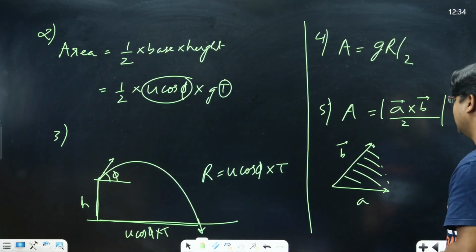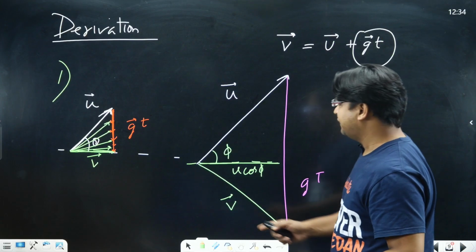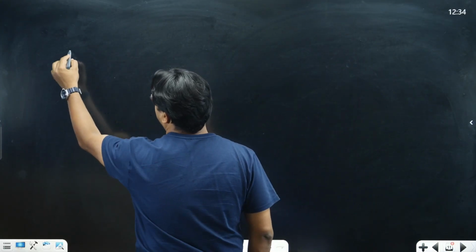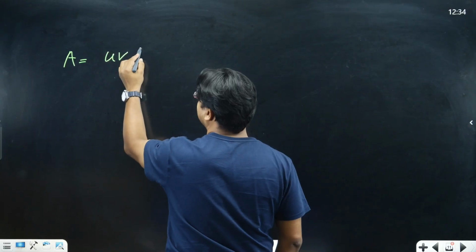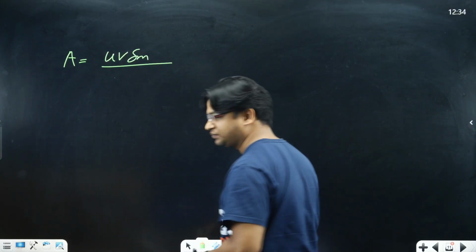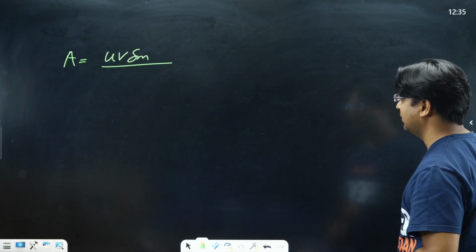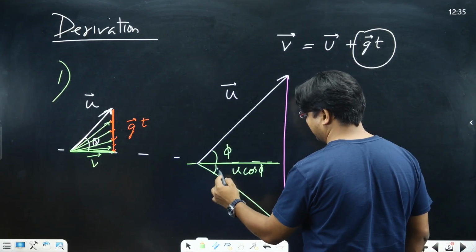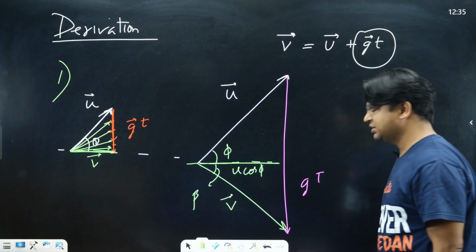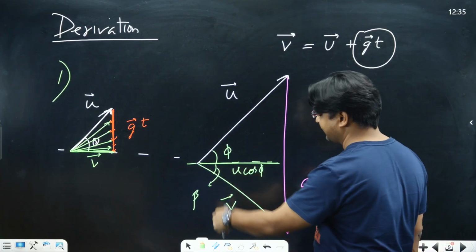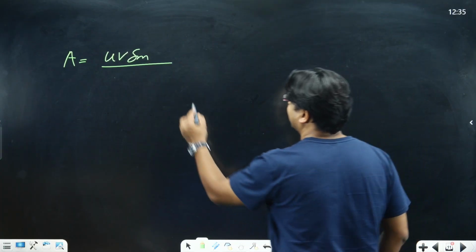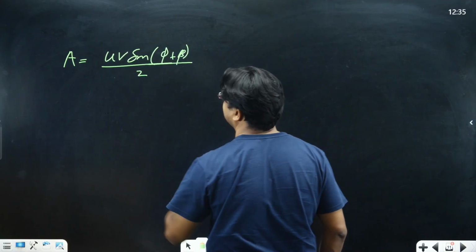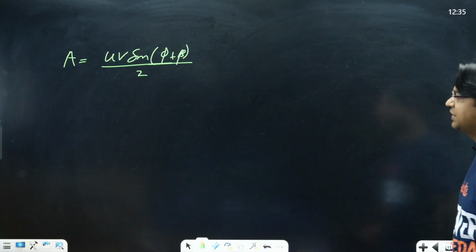Likewise, if I look at this triangle, I should be able to write the area of the triangle as u into v into sine of, let's say this angle is something, let's call it beta for now. So the angle between the two vectors is phi plus beta. So it is uv sine of phi plus beta by 2. That's our fifth key idea.